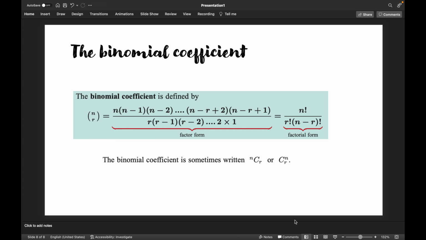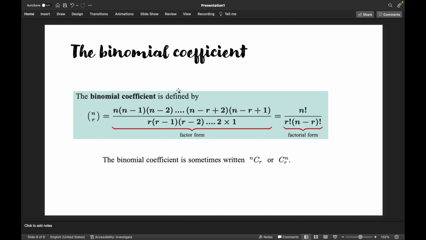The next topic is the binomial coefficient. This is used for permutations and combinations. It's mainly used for combinations, not really for permutations. For permutations, we use nPr instead of nCr. But now let's just concentrate on what it is.